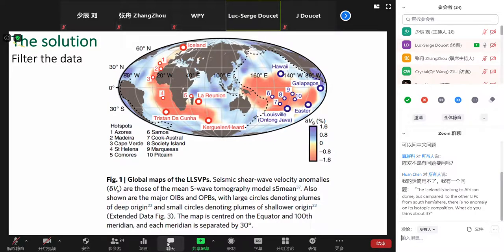I saw a very recent paper in Science Advances about the border of the African LLSVP, with a hotspot track, the Walvis Ridge. That study shows that the border is maybe more EMII and the inside is more EM1, so they might have layering in the LLSVP.